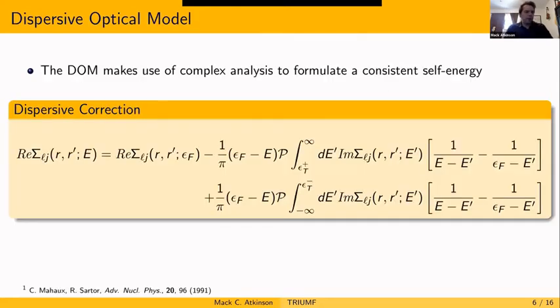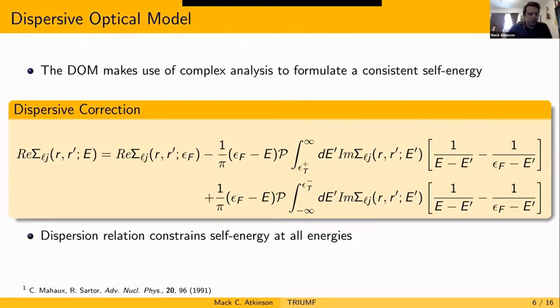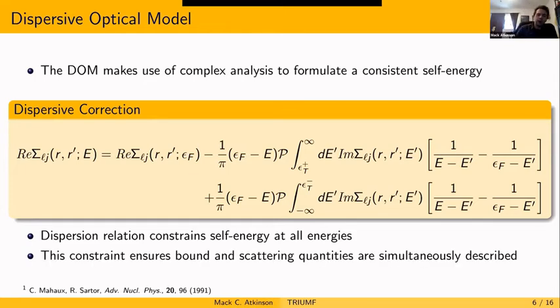And so, of course, it can, using the dispersive correction that I'm showing here in this box, where the real part of the self-energy at a given energy can be found from this dispersive integral of the imaginary part of the self-energy over both positive and negative energy domains. This is really important because it constrains the self-energy at all energies, both positive and negative. So this ensures that both bound and scattering quantities can simultaneously be described. And this is where the name dispersive optical model comes from.